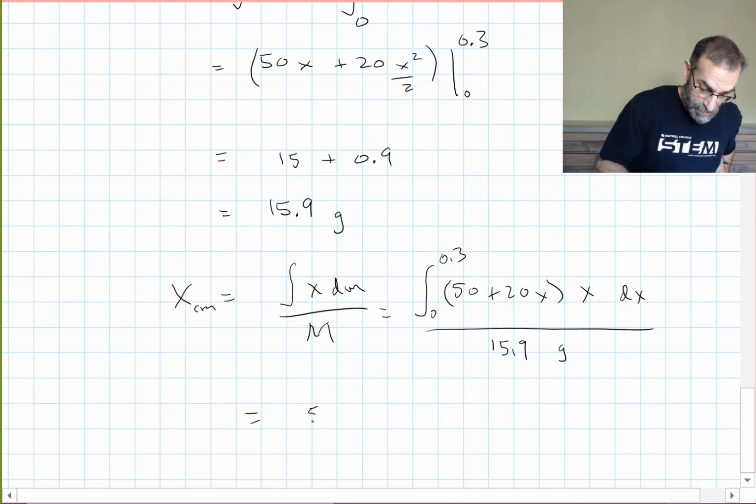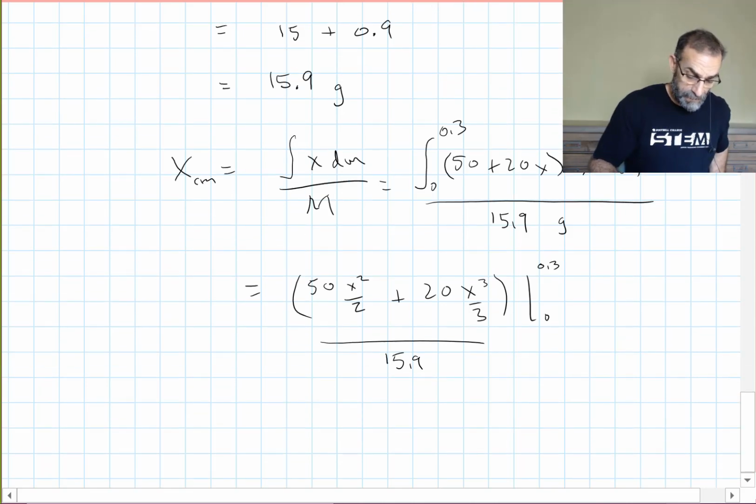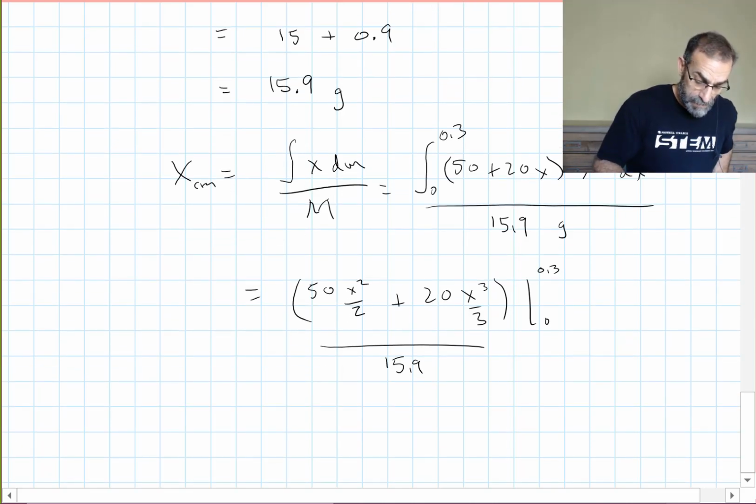And this is going to be 50x squared over 2, plus 20x cubed over 3, and you can plug in the numbers and see what that turns out to.